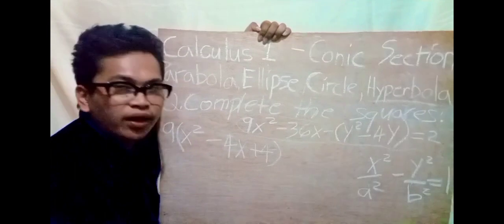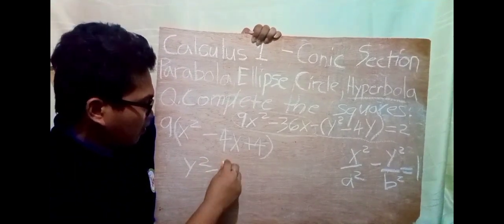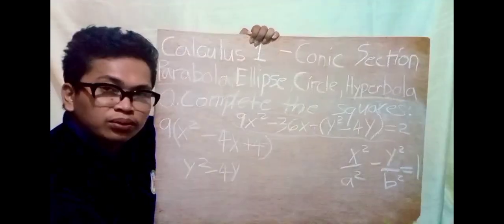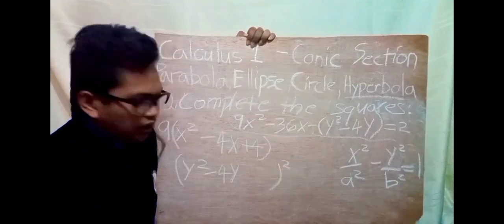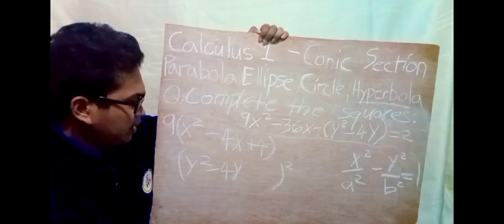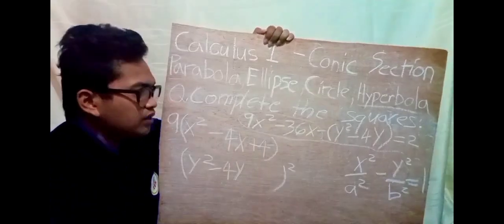Then the next part, the y terms with 4y. We do the same here with 2. The result is positive 4.